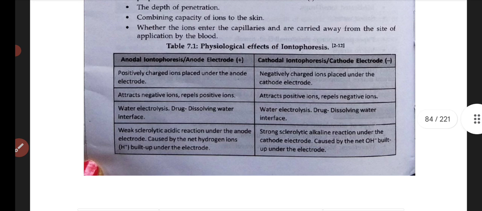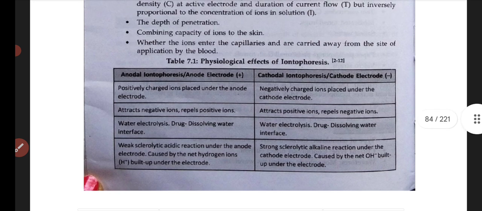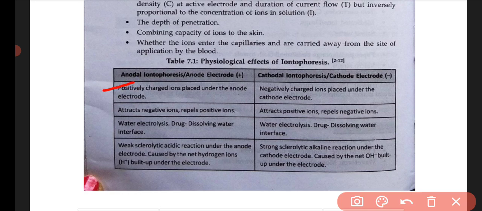Now, for anodal iontophoresis, the physiological effect number 1 is that the positively charged ion is placed under the anode electrode. Number 2, it attracts negative ions and repels the positive ions. Number 3, water electrolysis, drug dissolving water interface.